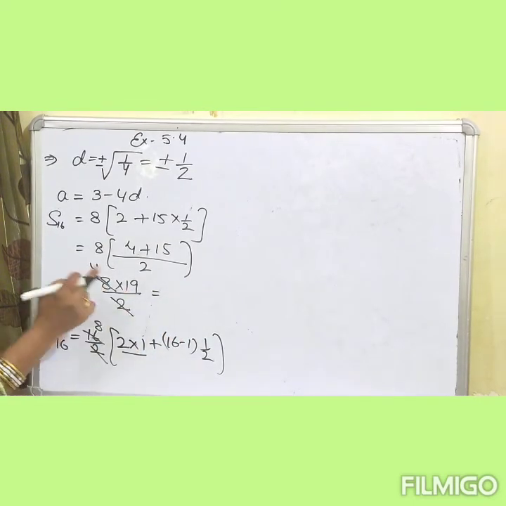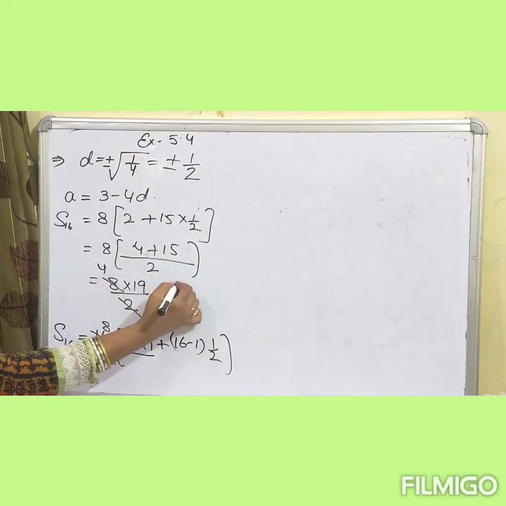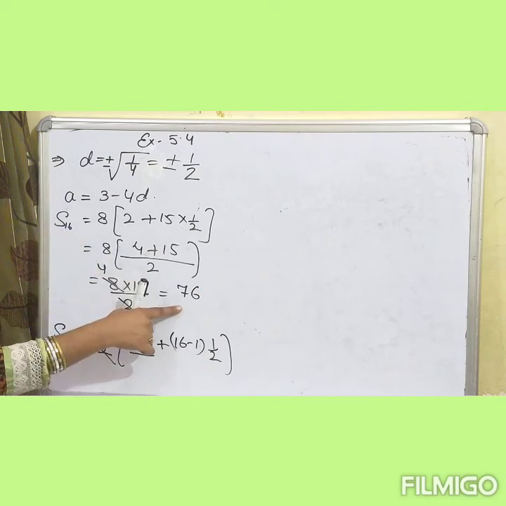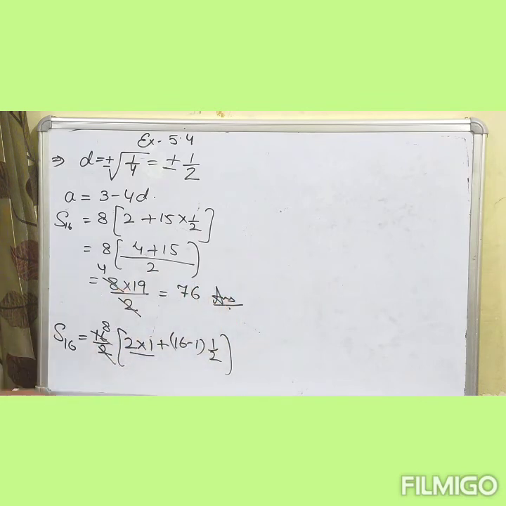So 4 into 19, 19 4s are 76. So from case 1, we get S16 as 76. This is the first answer which we get from case 1.